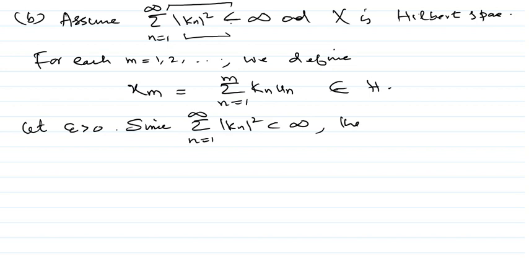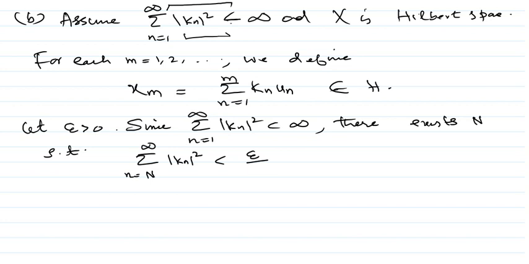So we deduce that there exists some capital N such that this summation, n runs from capital N to infinity, of mod kn square is less than, say, epsilon by 2.